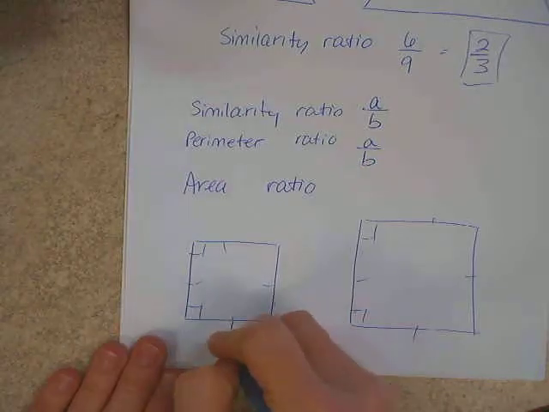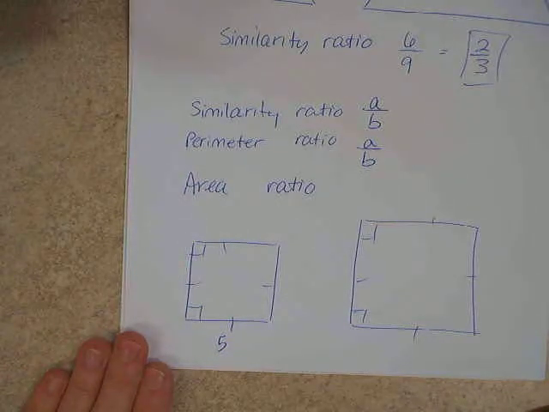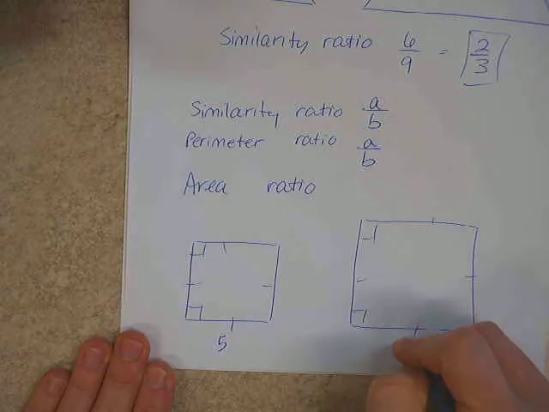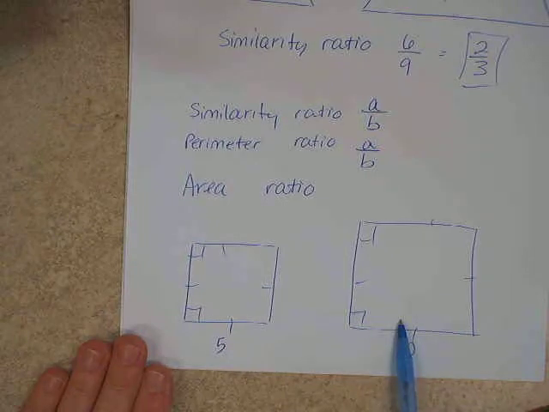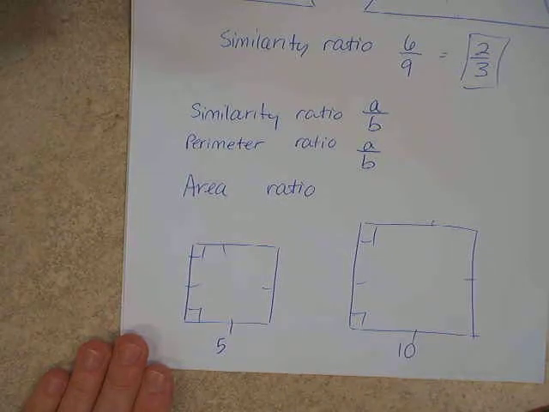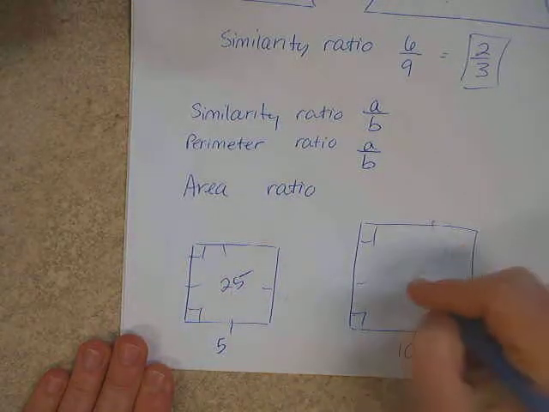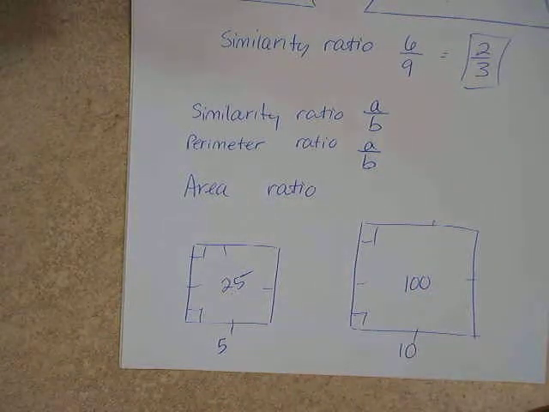So if we use two squares, and I give you a side length of 5, and we'll do 10, make it easy. So this square is twice as big, right? Well, the area of this square would be 5 times 5, which is 25, and the area of this square would be 10 times 10, which is 100, okay?